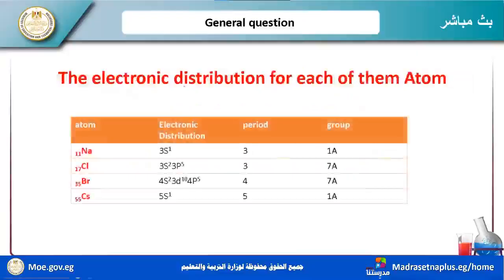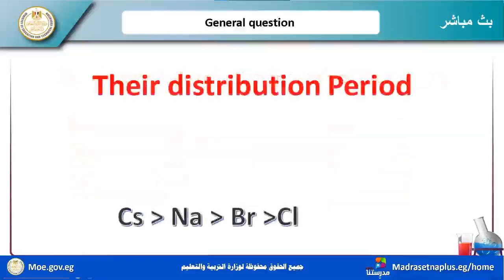This table shows sodium 11, 3s1, period 3, group 1A, and chlorine 17, 3s2 3p5, and bromine 35, 4s2 3d10 4p5, and the other is 5s1. These are groups 1A, 7A, 7A, 1A, in periods 3, 4 and 5. You can do rearrangements according to what you want.